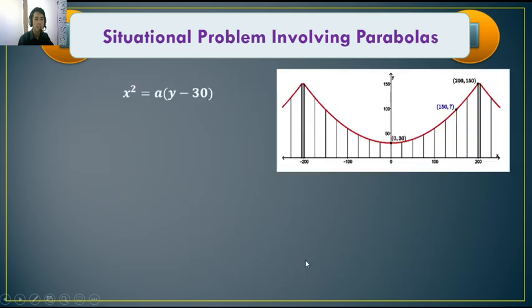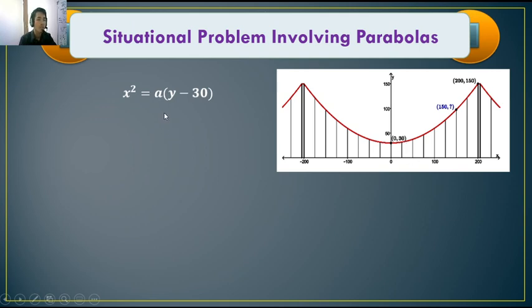Okay, so we're going to use now the formula x squared is equal to a times (y - 30). So our k there is 30, because we have (h, 30), and our h is 0 and k is 30.